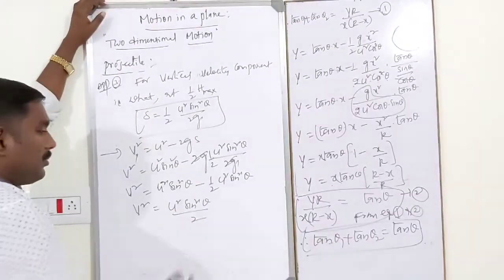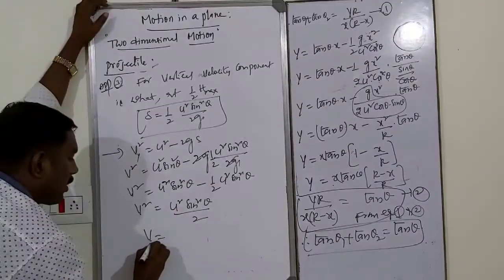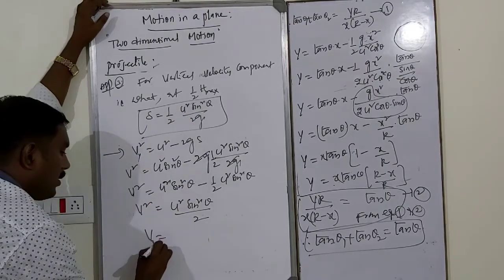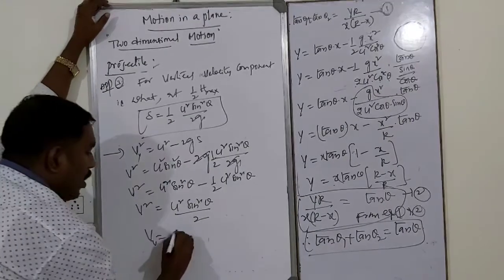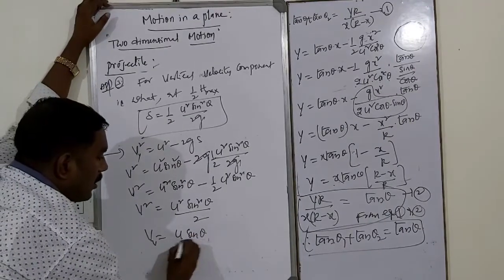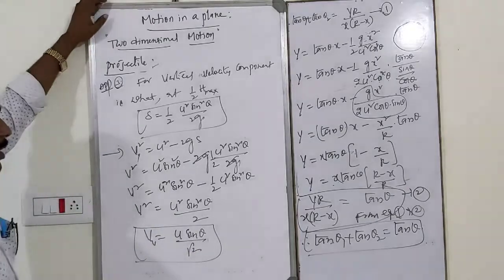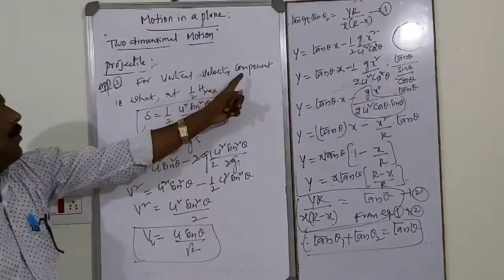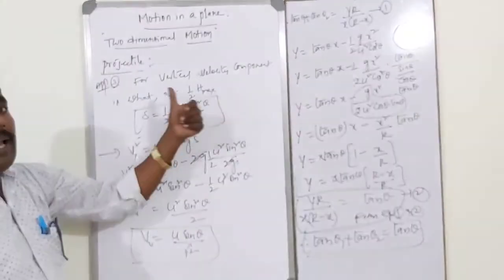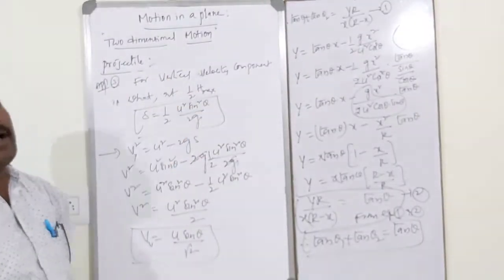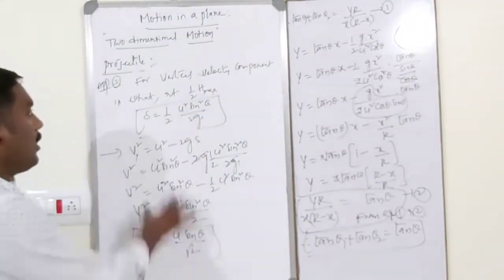So the vertical component v is u sin theta by root 2. This is the vertical velocity component at half of the maximum height.